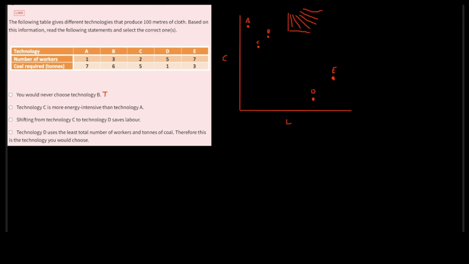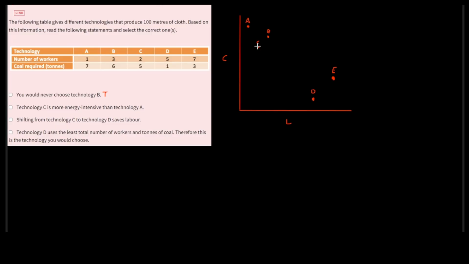Let's just get rid of that so that we can actually play around and visualize. Okay, there we go. Let's just change colors so that it's not mucking it up too much. Is it possible for any isocosts that we face for B to be closer to the origin than C?